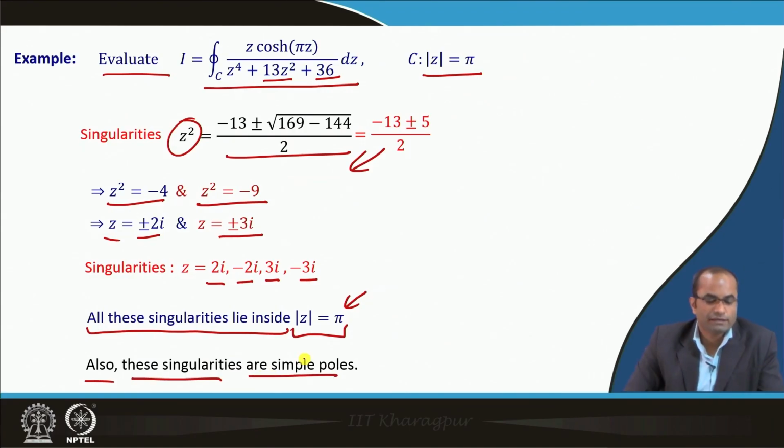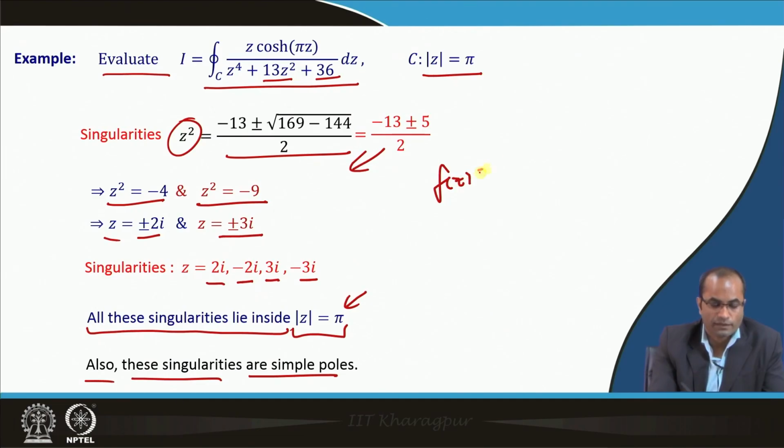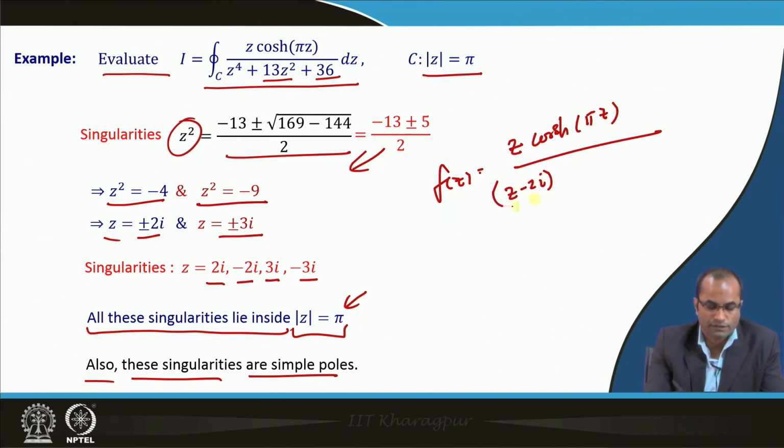Now we have the idea, we do not have to check each and every case, because the function is like z cosh(πz), divided by the terms (z − 2i), (z + 2i), (z − 3i) and (z + 3i).